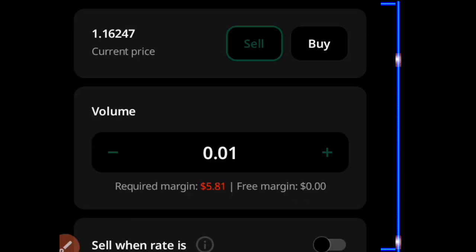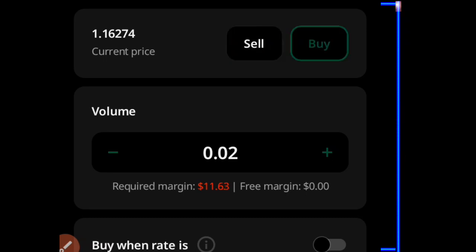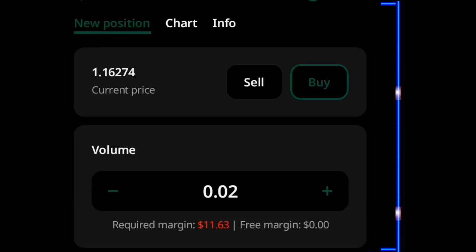Since we have clicked new position, we can place our trade here. If you want to buy, you can buy from here. If you want to sell, you can sell here. Remember, I'm using this real account. That's why it's showing 11.63 US dollars. I have not deposited on it.